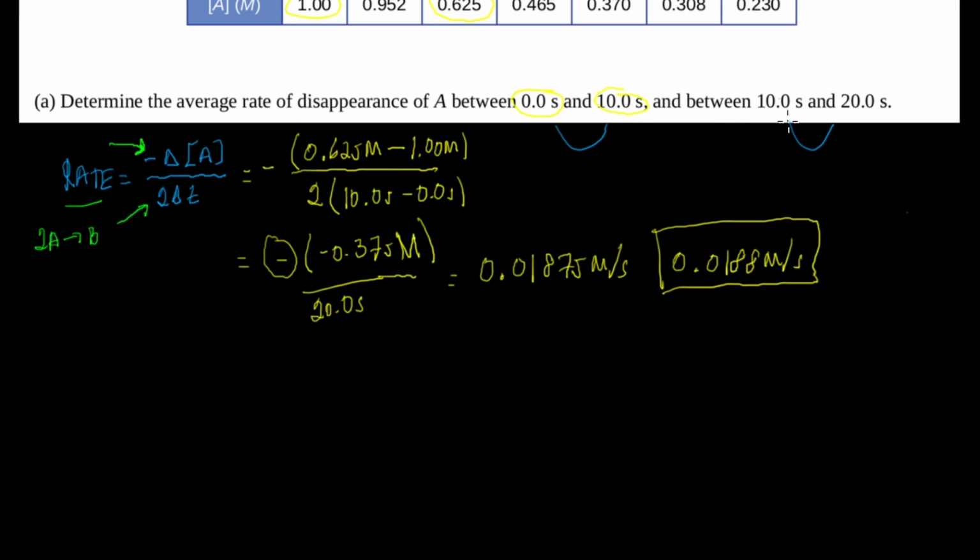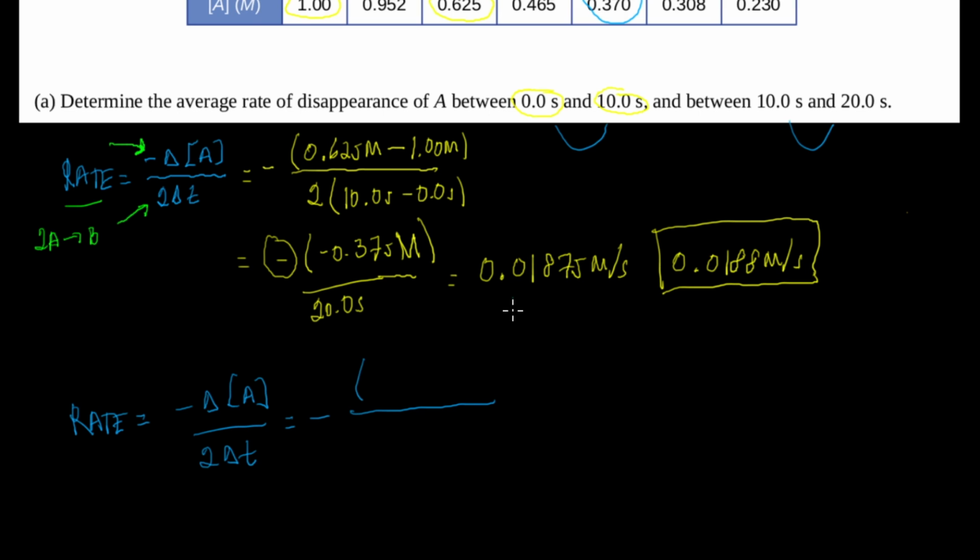We can do the same thing here for the difference between 20 seconds and 10 seconds. We go ahead and once again use this formula. And so the change in concentration is final minus initial.